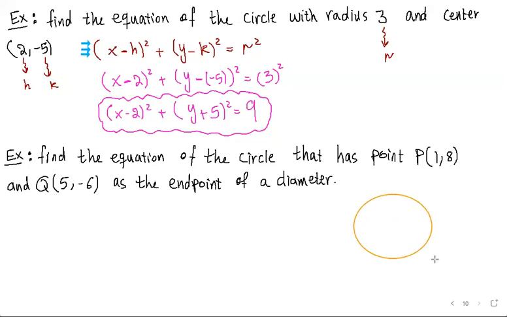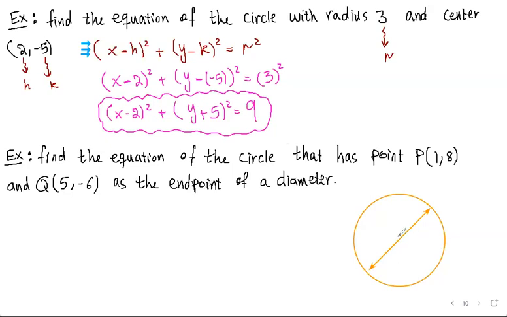So first we need to use the midpoint formula. Exactly. So I have a circle, right? This circle has 2 points. These 2 points are the endpoints of the diameter.